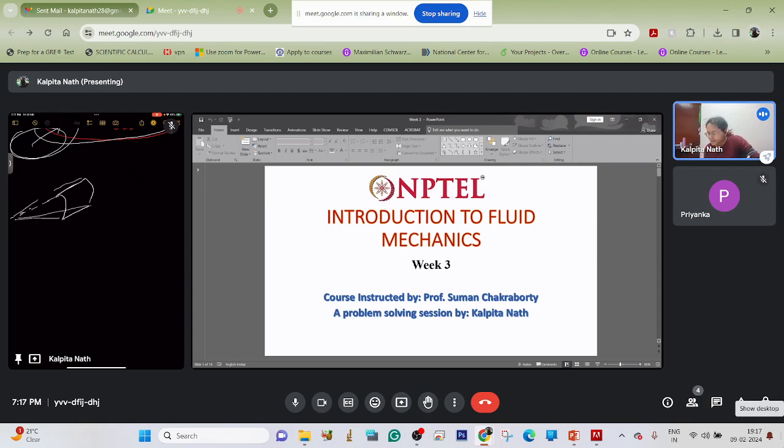If we consider this surface to be A, B, C and D, and we expand the surface, from center to center this distance is delta z, expanded in the z direction.